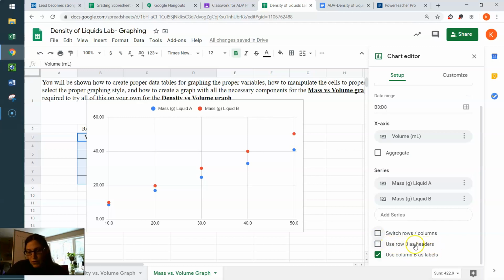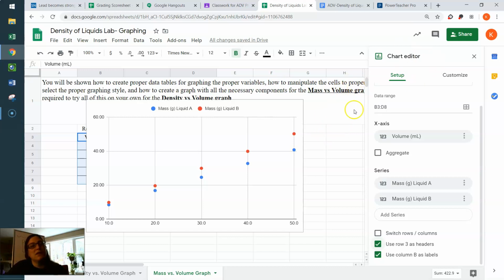However, if I use row 3 as headers, oh, that didn't seem to change. Oh, there we go. We do want that clicked because that's going to affect our legend or key. Okay, a lot of what we're going to be doing is trial and error. Make sure it looks nice.